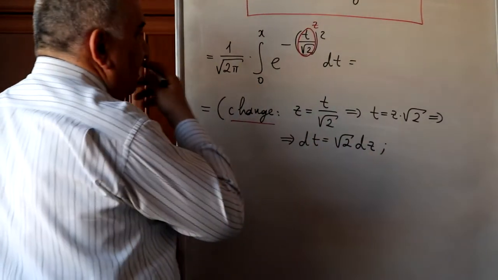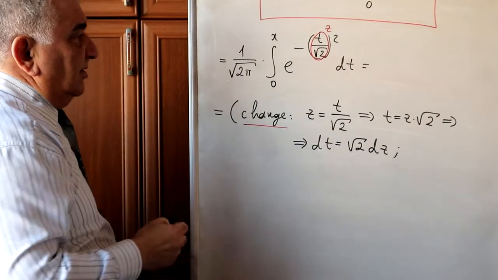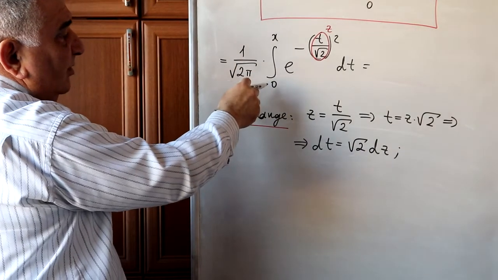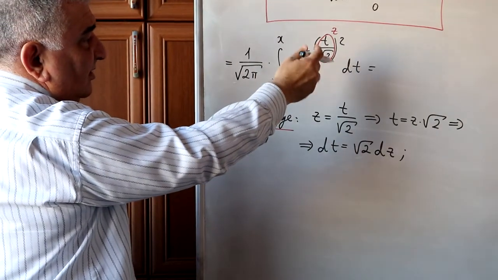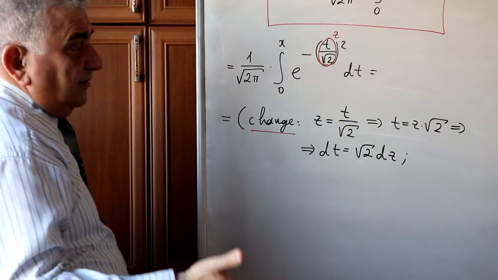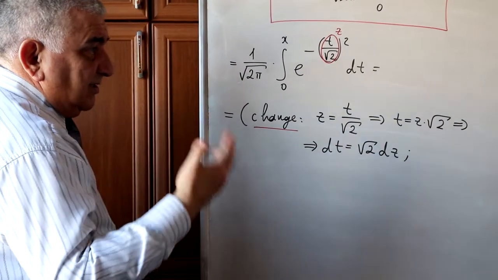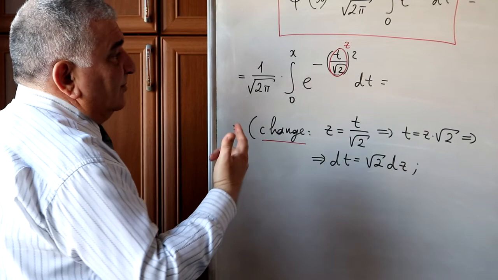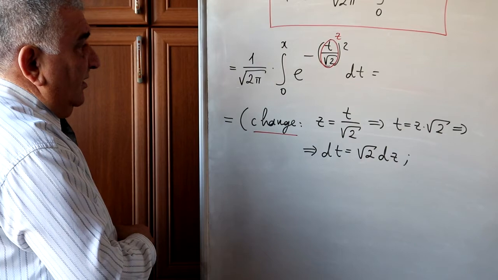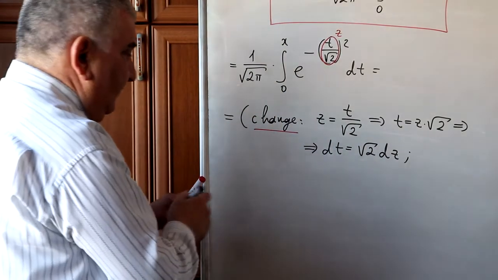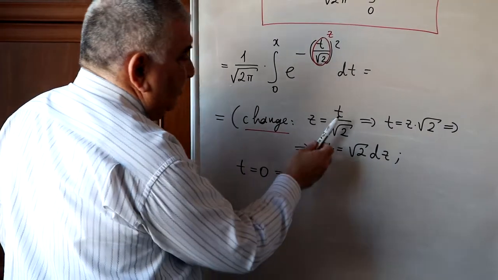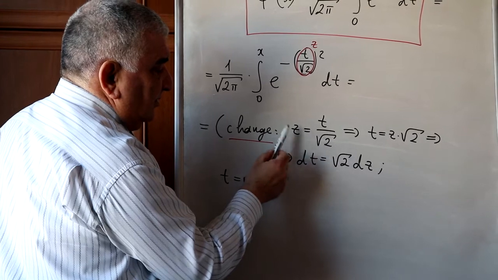And also we must consider the integral limits, because these integral limits 0 and x are the integral limits of the integral variable t. But we must obtain the corresponding integral limits for new variable z. If t is 0, then substitute 0 instead of t, 0 over square root of 2 is 0.